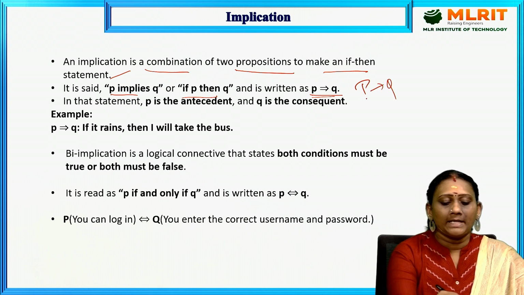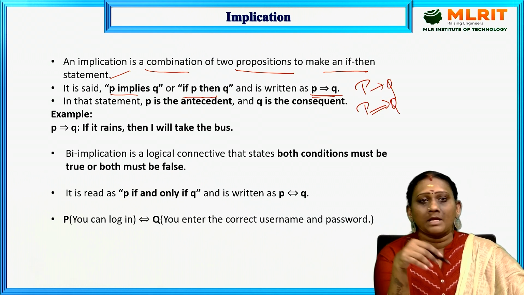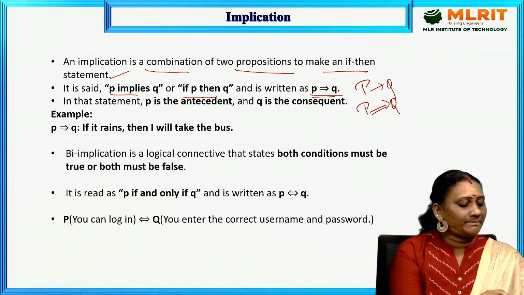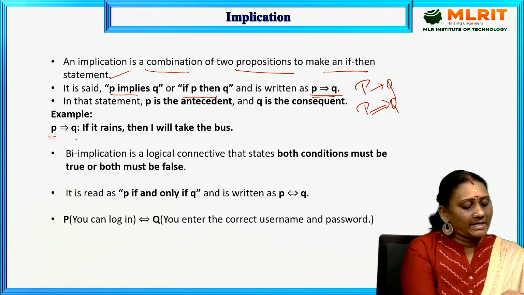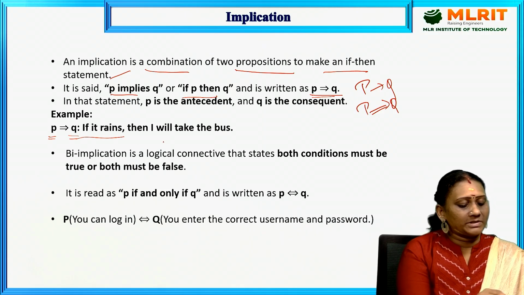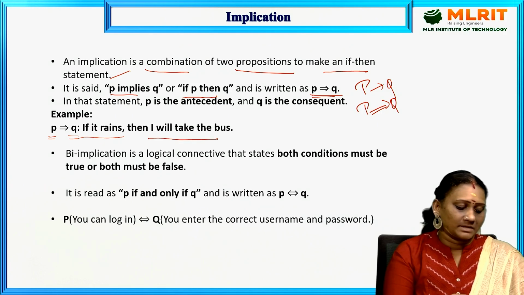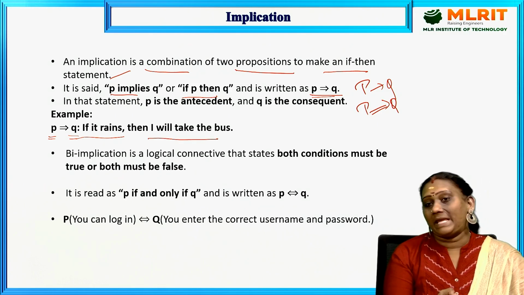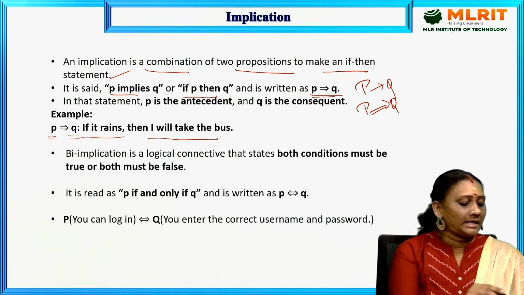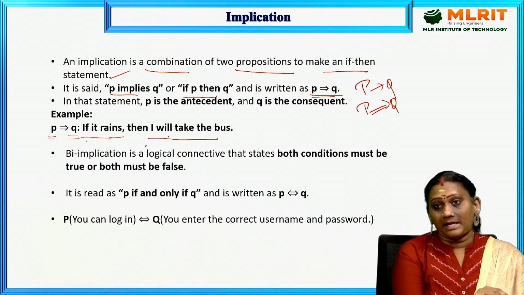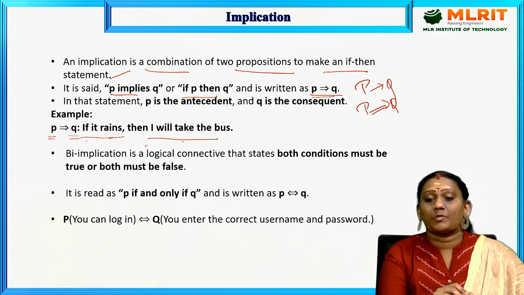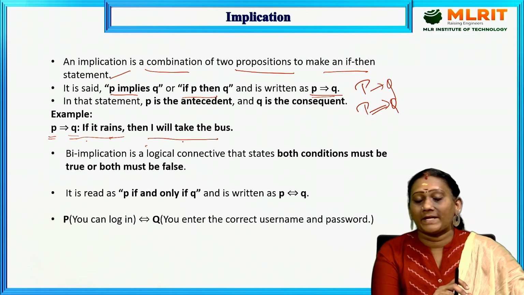Let me take an example: my P statement is if it rains, my Q statement is I will take a bus. If I apply P implies Q, we write: if it rains, then I will take a bus. This is a simple scenario example.